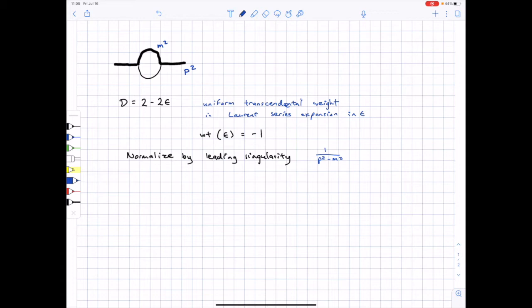Then it will be not only of uniform transcendental weight, but it will also be pure. Intuitively, that means that we really just have logarithms or dilogarithms and polylogarithms in general, and this same algebraic factor has been removed from each term. That means it's common across all the terms in the expansion.